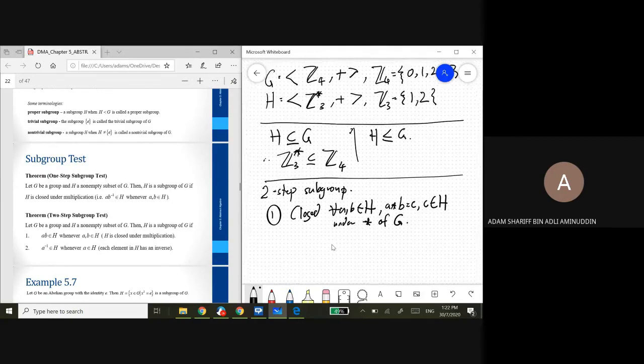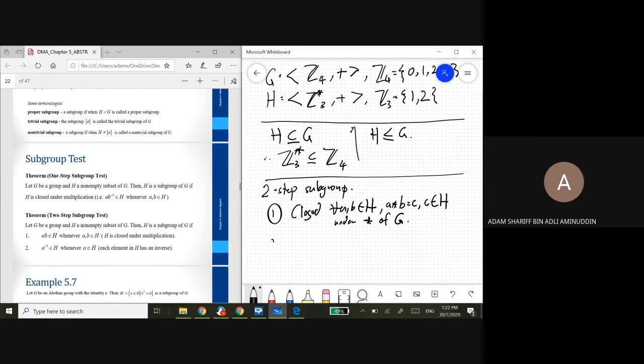Okay? For the second one, the keyword there is inverse. For every element in H, there exists the inverse in H, under the binary operation of G again.